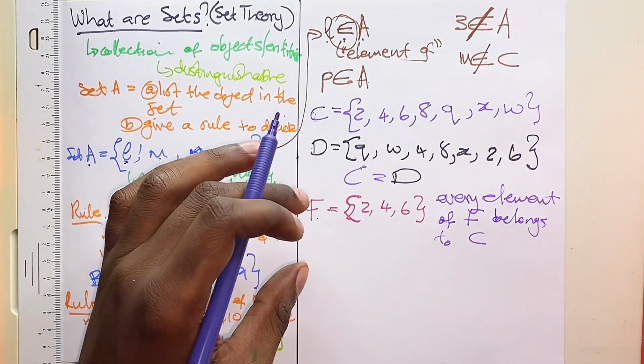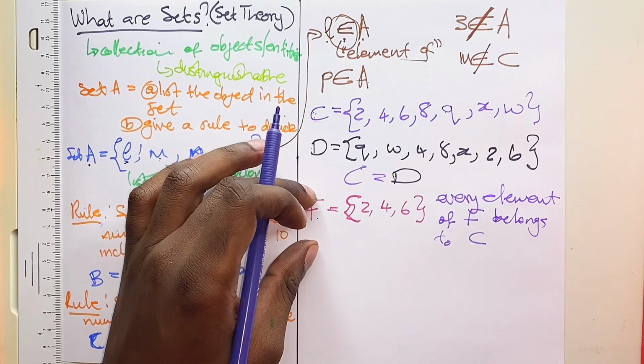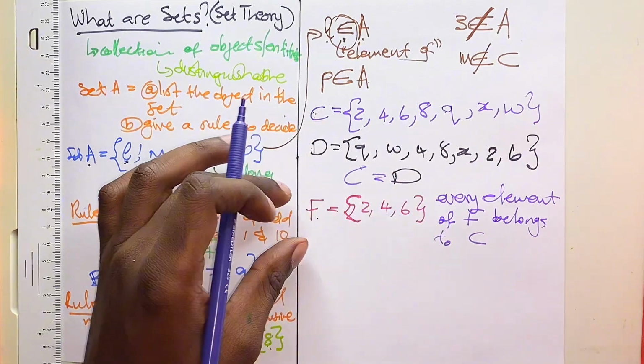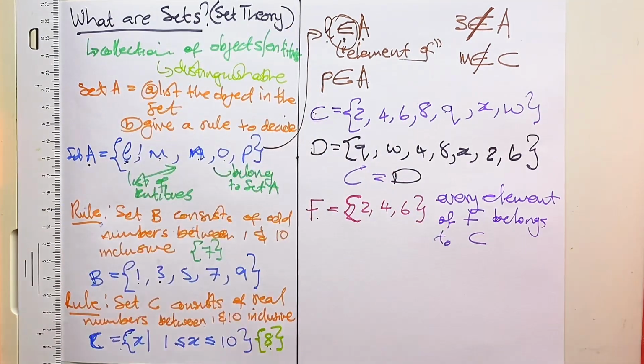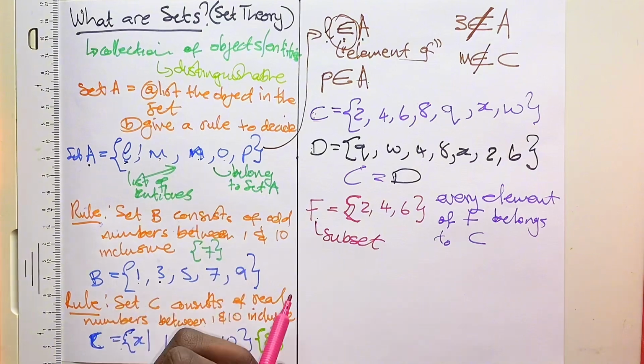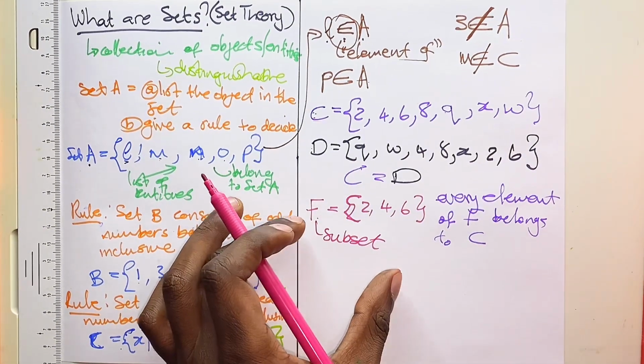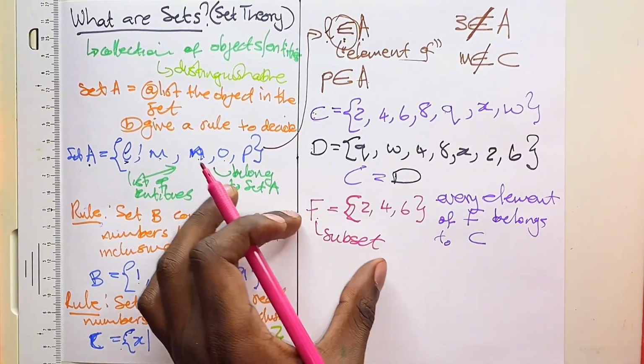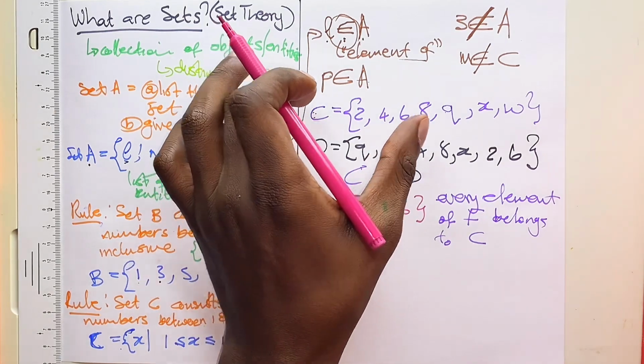Now, if there's a set that exists and every element of it belongs to another set, we call this set a subset. A subset is when every element in one set belongs to another set.